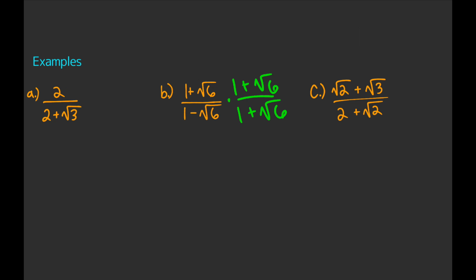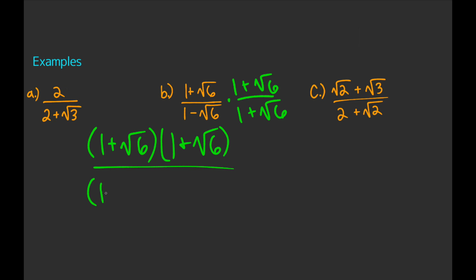Next, I'm going to rewrite that. Over here, we're going to have 1 plus the square root of 6 times 1 plus the square root of 6, over 1 minus the square root of 6 times 1 plus the square root of 6.